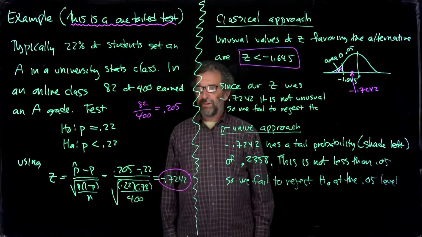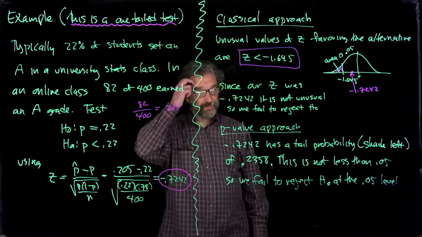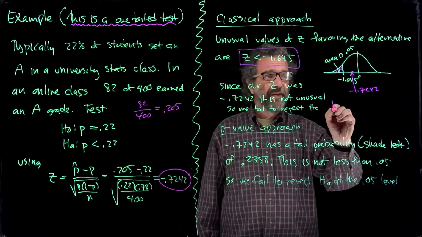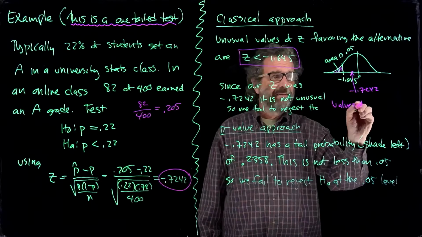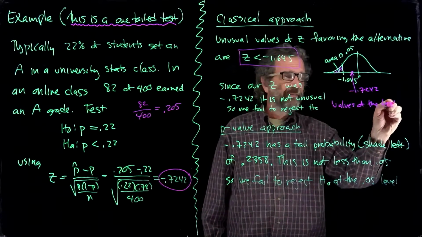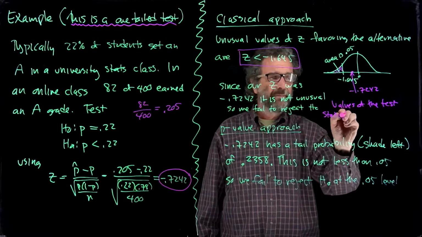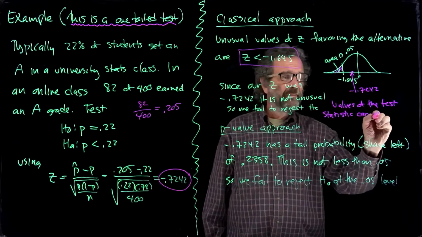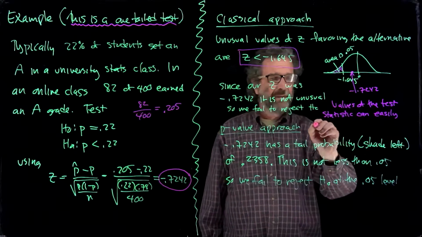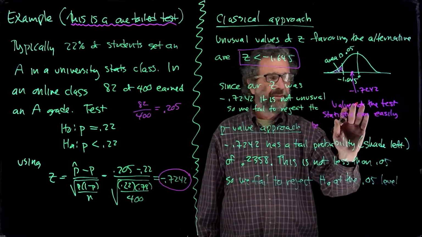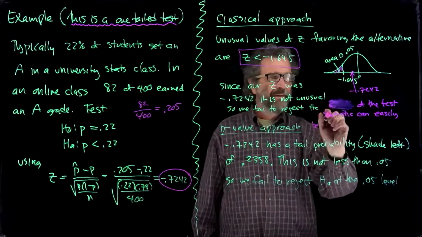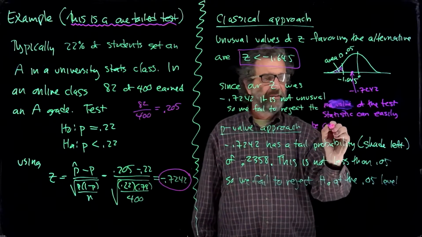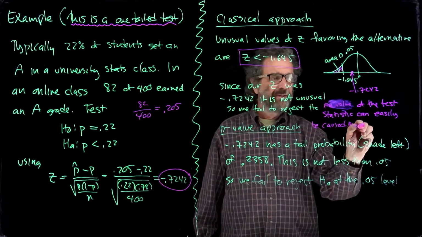So as far as we know, it looks like p could easily be 0.22. So we would say the value of the test statistic could easily be caused by random variation.